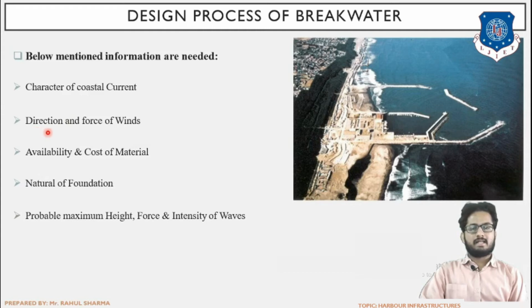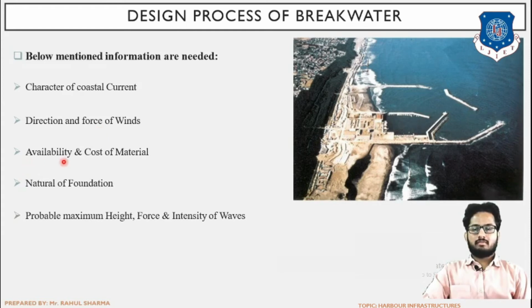So we need to know the direction and the intensity, because ultimately we have to sustain that intensity of wind, and depending upon the direction we have to design the alignment of the breakwater.